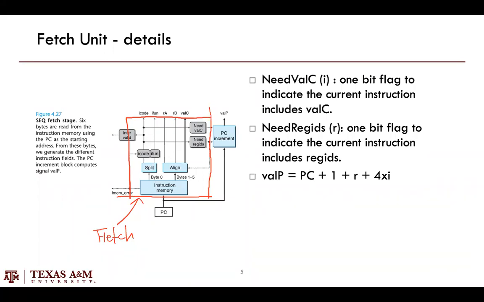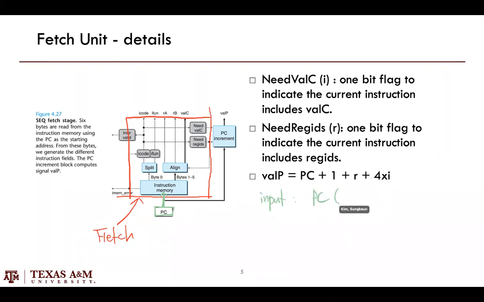Actually the input is just one, the PC. So the fetch unit takes the current PC value as an input. Let me write here: input is PC.